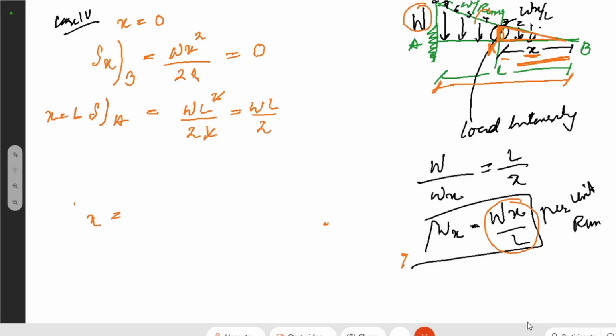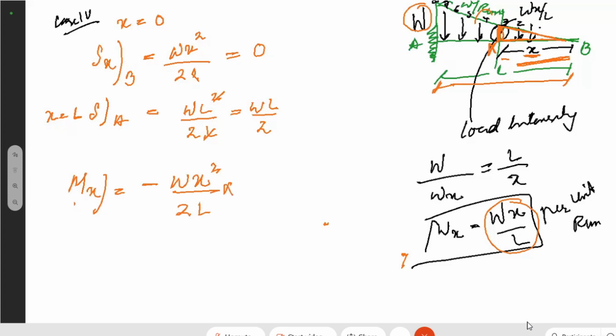Firstly, I want to know what the moment is at point x. I forgot that portion. The moment at x will be simply equal to minus times Wx square by 2L, which is the shear force actually, or you can say it is the area of the load diagram between x and b, multiplied by the distance from x.